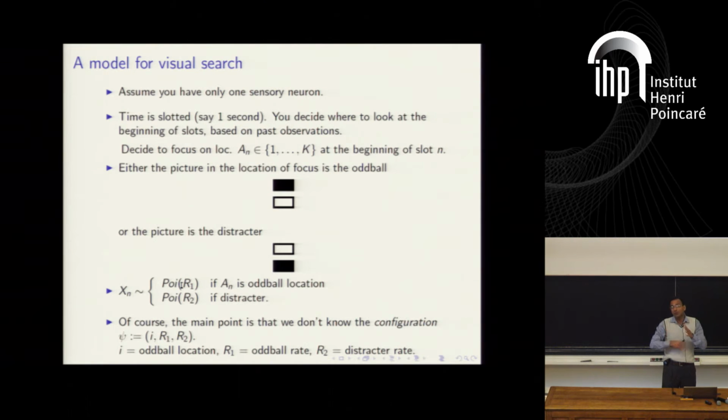Now, of course, you're controlling where you look and what kind of data you get, but that's entirely under your control. The true state of nature is static. The ground state would be the distractor, and then the posterior would be the oddball. No, maybe as I go through the model, let us see if my description answers your question.